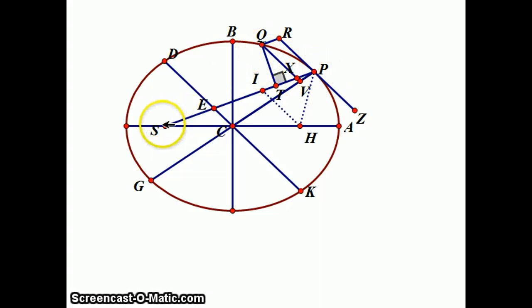You connect P to S. RPZ is tangent to the ellipse at that point. You make a line through Q parallel to RZ, and it's going to hit PS at point X. And you draw PG, which is just starting at P, going through the center C. QX continues and hits that at V.